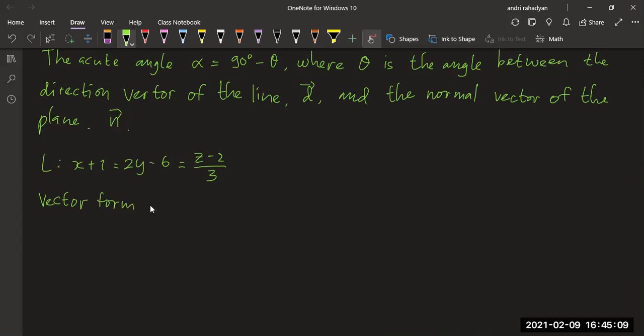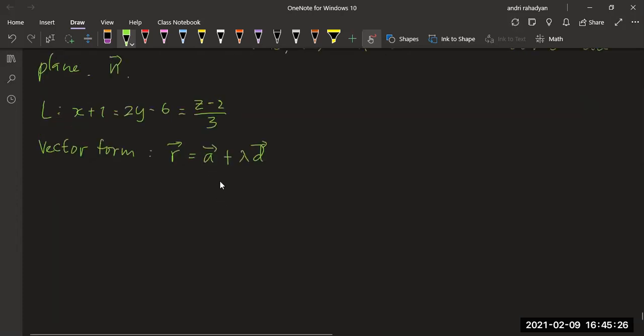In vector form, it becomes r equals a plus lambda times d, where a is the position vector of a point on the line L, and d is the direction vector of the line L.